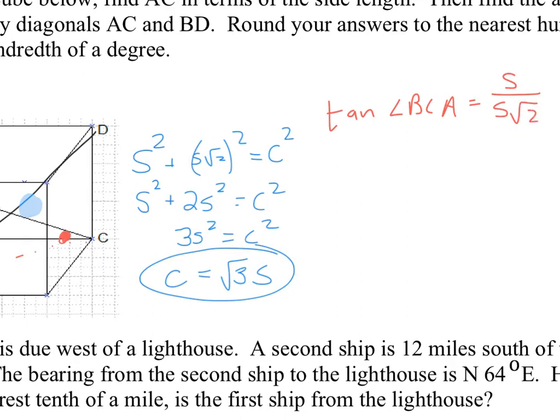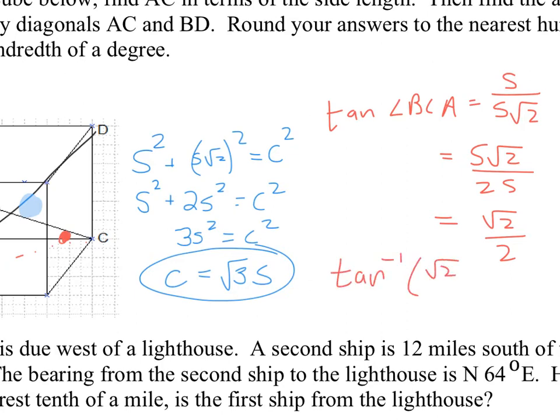Or if I wanted, I could rewrite that as S root 2 over 2S, which is the same as root 2 over 2. Using my calculator, I found the angle whose tangent is root 2 over 2 to be 35.26 degrees.